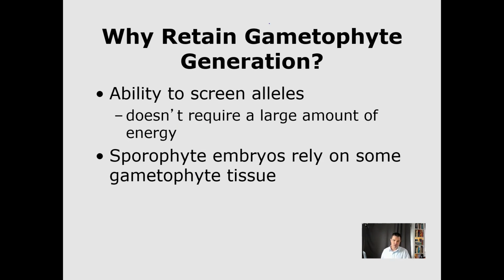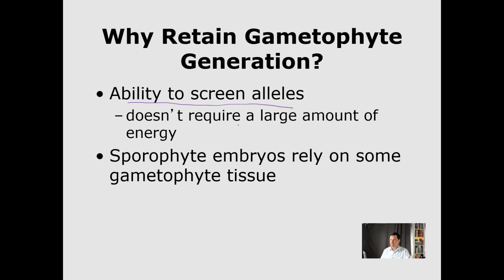And why, evolutionarily, might organisms maintain that gametophyte stage? That's because in part the gametophyte stage is a way to screen alleles. It doesn't require a large amount of energy to produce these gametophyte stages when they're small in particular.